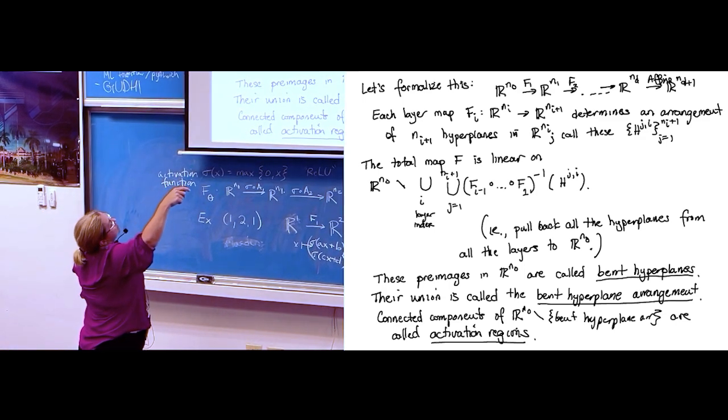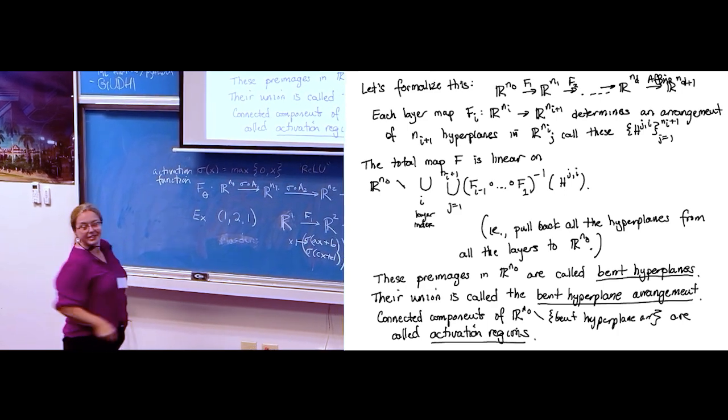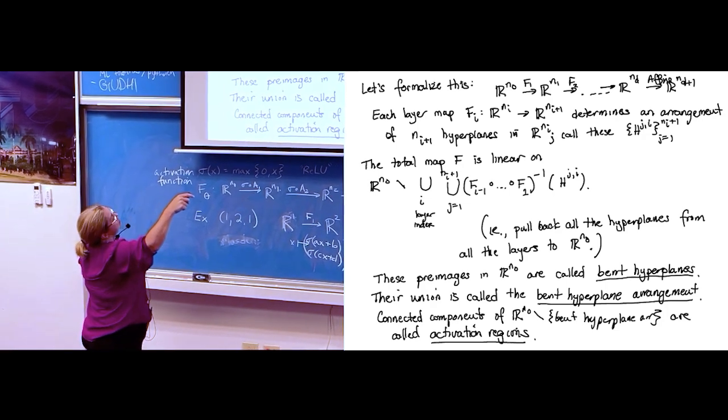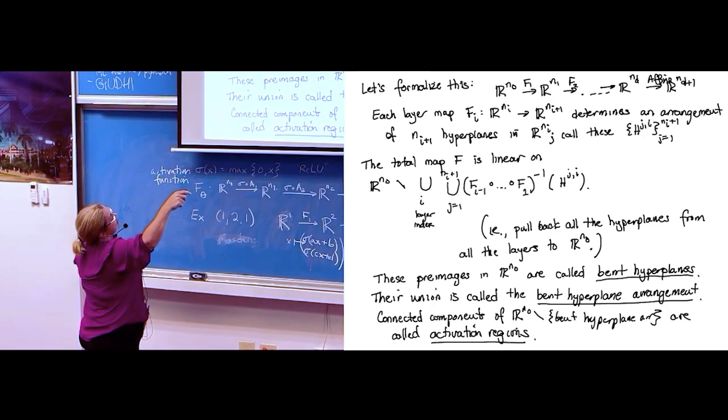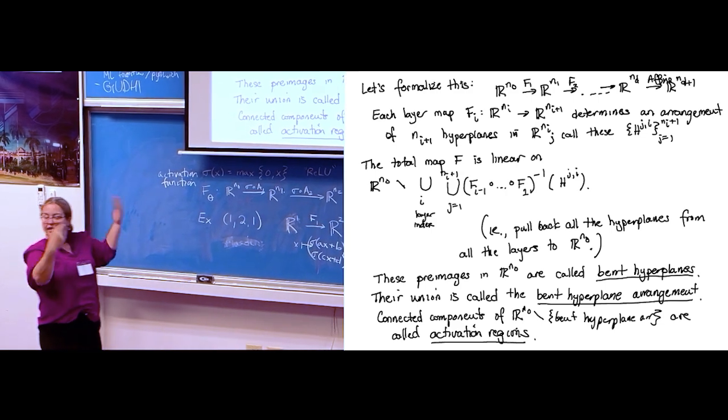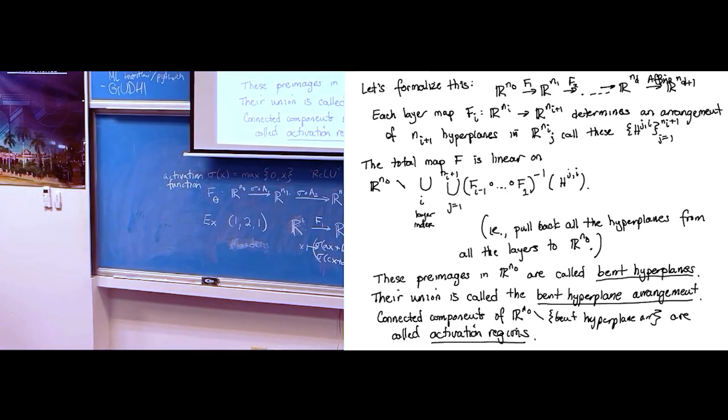So F2 gives you a bunch of hyperplanes in Rn1. F1 gives you some hyperplanes in Rn0, and so on. But what you can do is take these hyperplanes, say the hyperplanes in Rn1 that came from F2, and you can take their pre-images in Rn0. So you can pull everything back all the way to the domain.